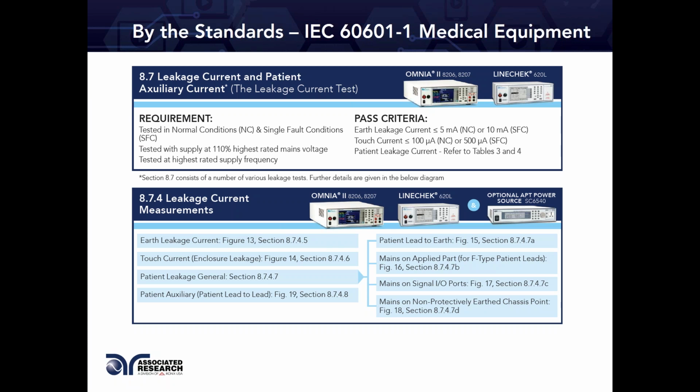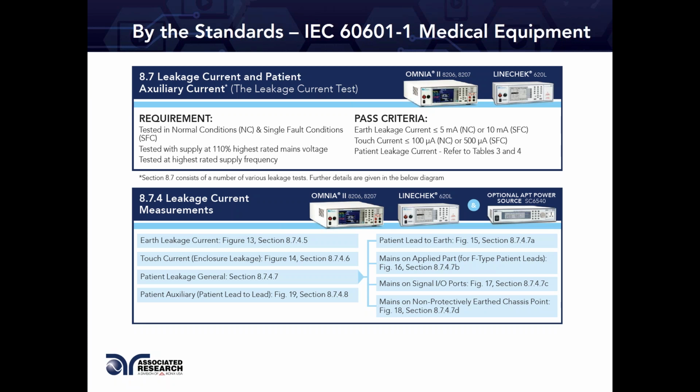And then on the right side, if you look at the pass criteria for the earth leakage test, it says less than or equal to 5 milliamps, where NC means normal conditions, or 10 milliamps under single fault conditions, SFC. This is what I was mentioning earlier, that the standard will give you a solid number to program in your leakage current test as the maximum allowable leakage current under different fault conditions.